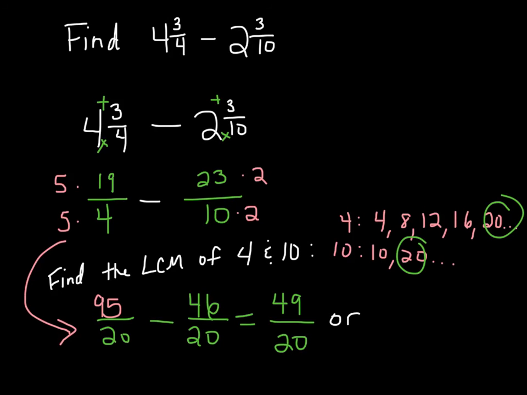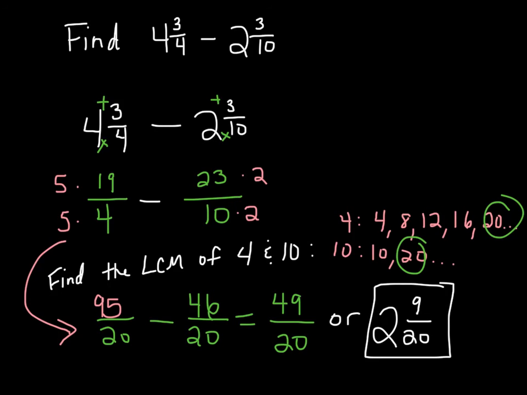We figure out how many times 20 can go into 49, and it can go into it 2 whole times without going over, because 2 times 20 is 40, and that would leave me with 9 left over as my new numerator. I would keep my denominator as 20, so 2 and 9/20 would be my final answer here.